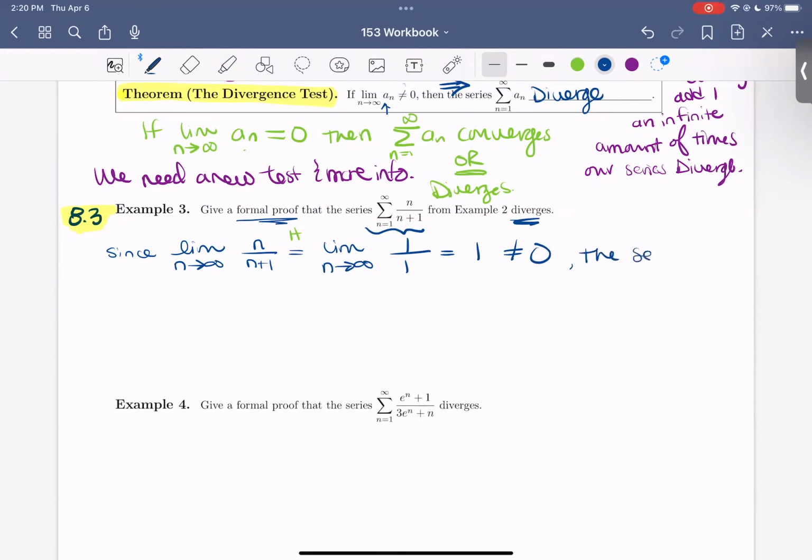This means the series, let's go ahead and spell that right. The series that is the sum of n equals 1 to infinity of n over n plus 1 diverges by the divergence test.